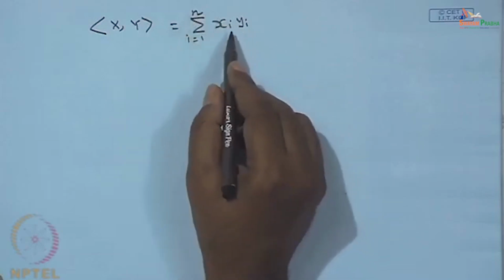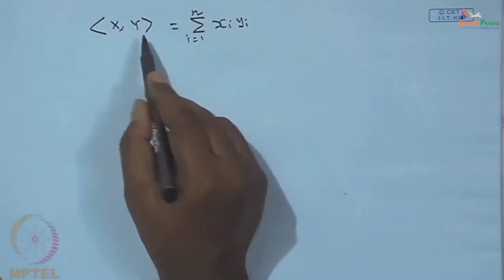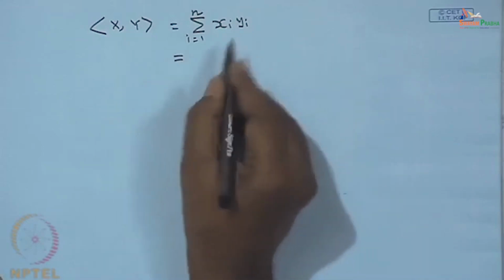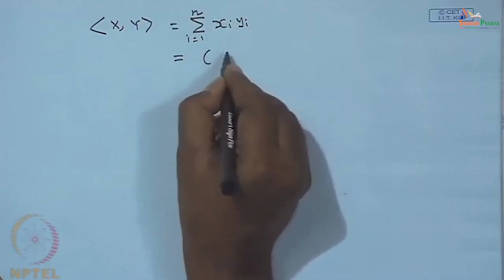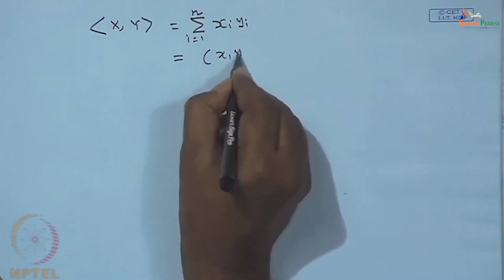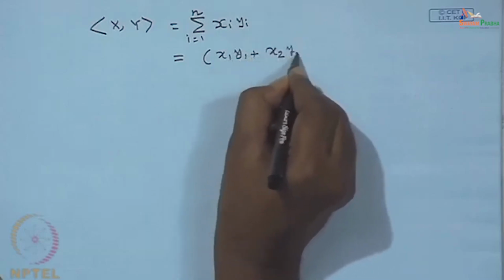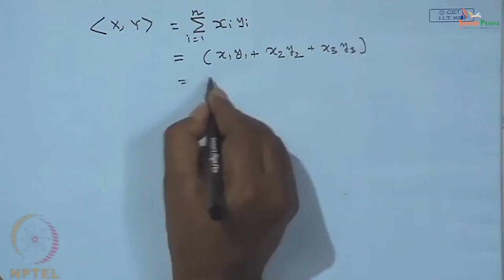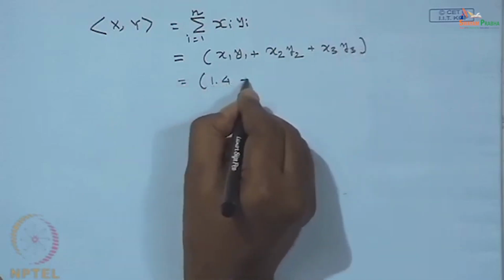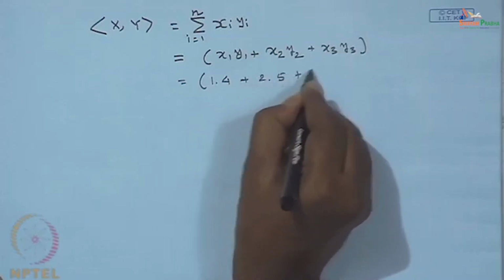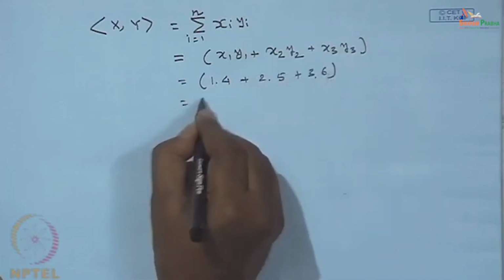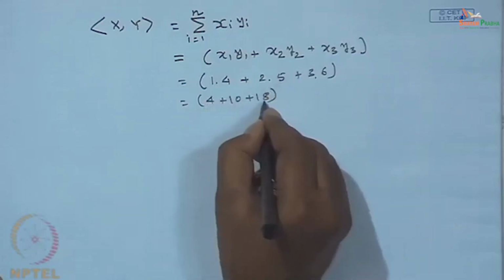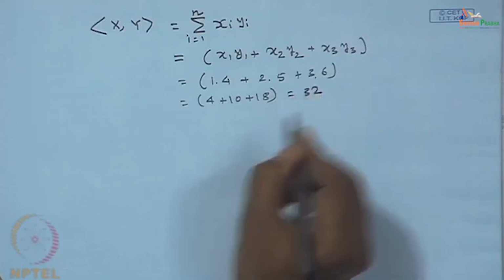That means both x and y are n-dimensional vectors. Now, in our example, this will be x1 y1 plus x2 y2 plus x3 y3. So, it will be 1 into 4 plus 2 into 5 plus 3 into 6, which is 4 plus 10 plus 18. So, it will be 14 plus 18, which is 32 units.